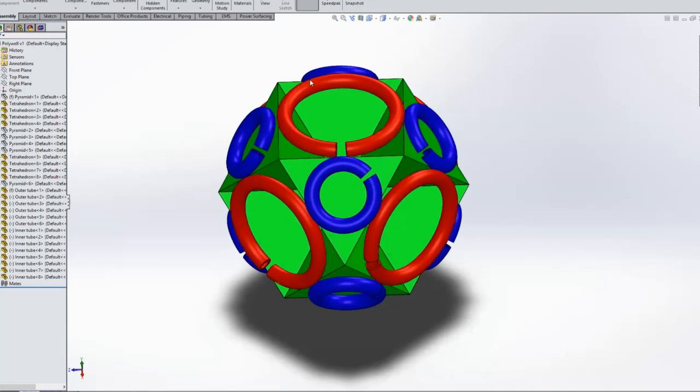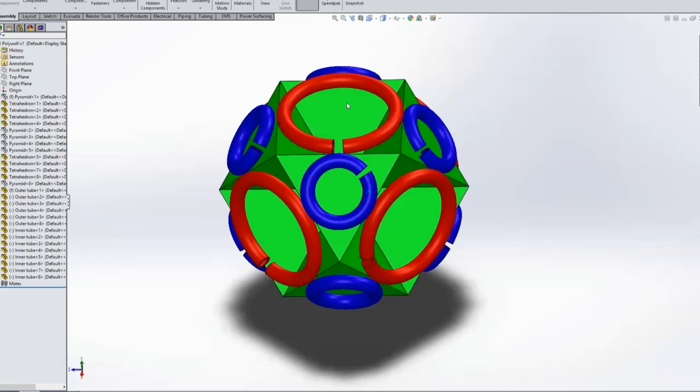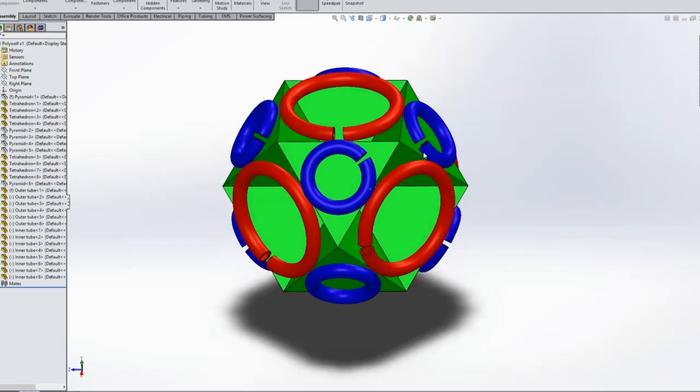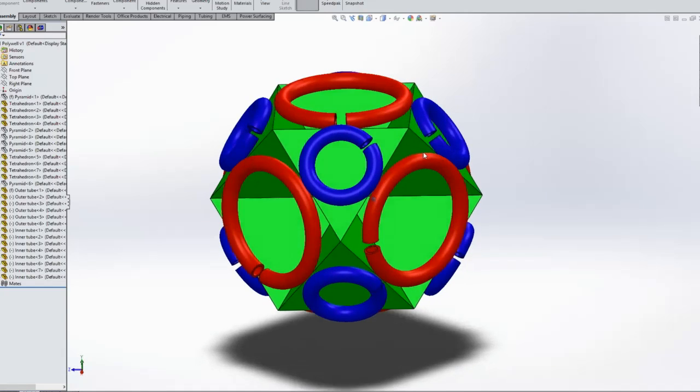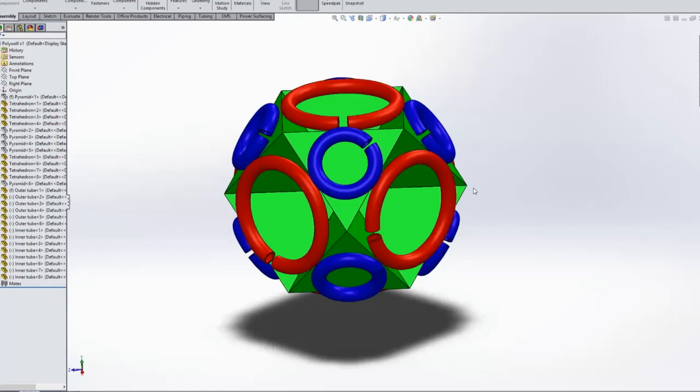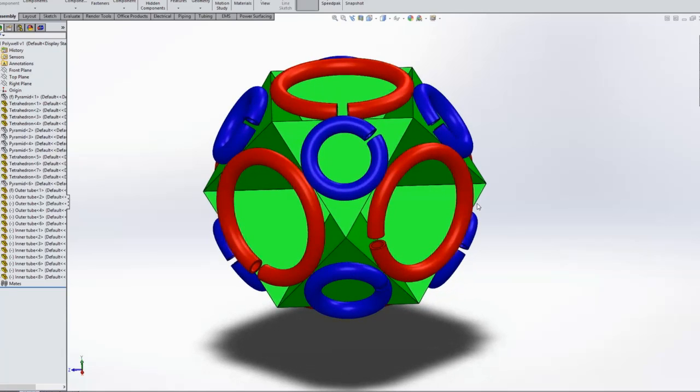And if you assemble a bunch of these with octahedra, you start seeing very interesting patterns. I think one of these days I'll show you guys those magnetic assemblies. So what if the octahedron was inside of this structure, for example?